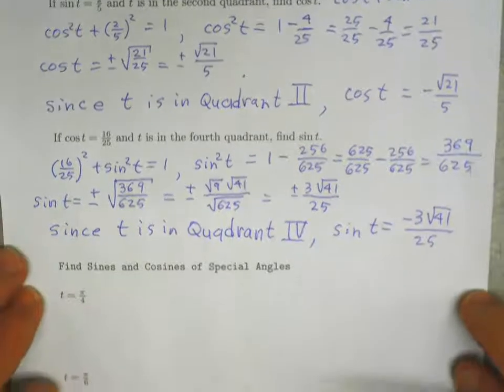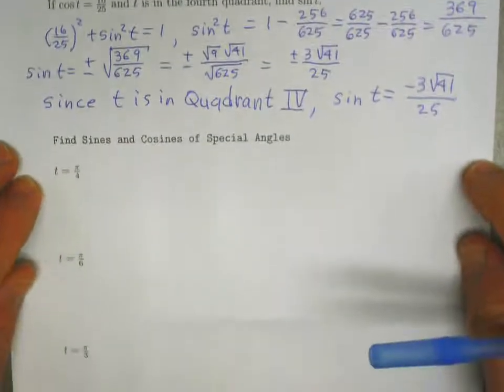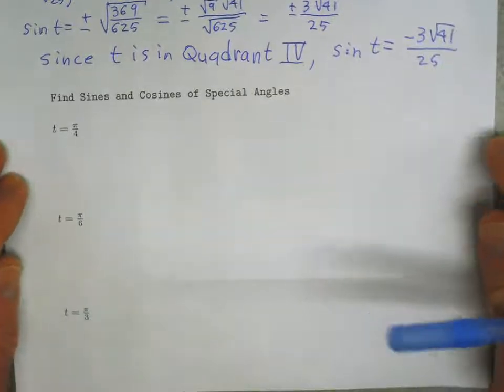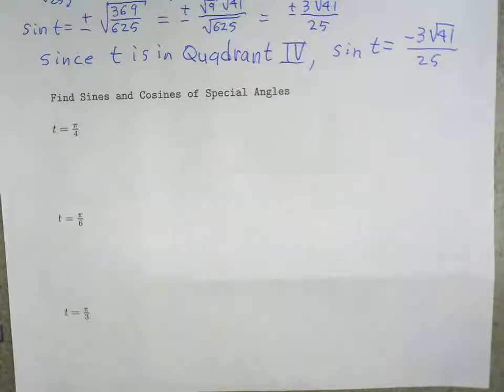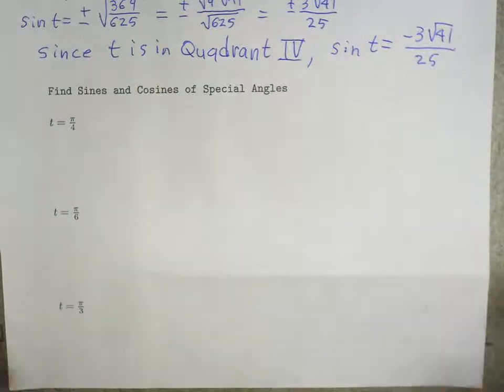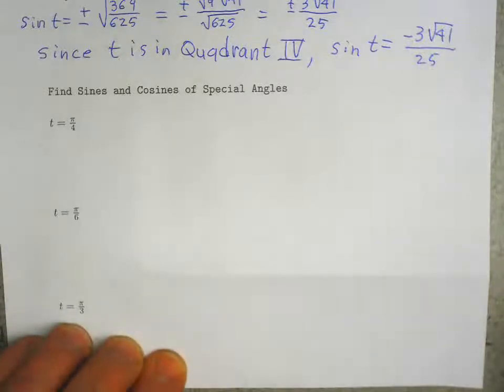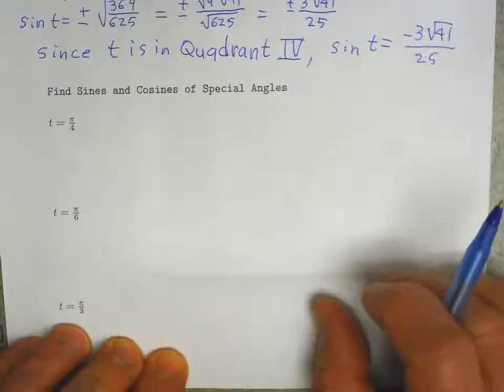Okay, our next exercise, what we're about to do next is similar to what we did yesterday, but I'll try to use the unit circle to do it this time. If t is equal to pi over 4, we know that that's equivalent to a 45-degree angle.